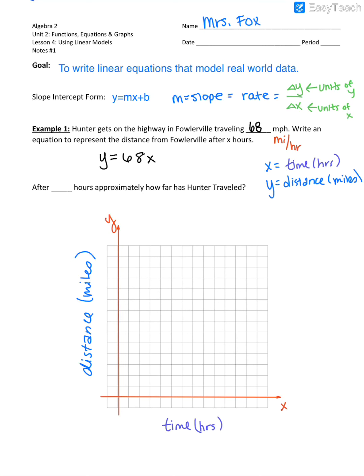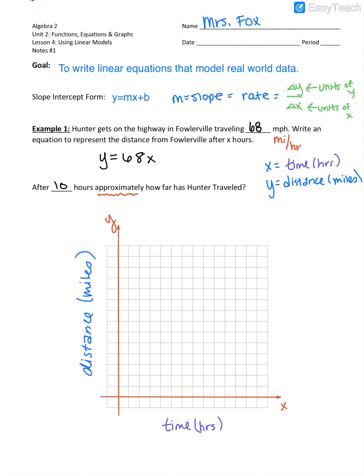Let's figure out how far Hunter will be after 10 hours. The reason it says approximately is that it is not asking you to randomly guess. There is room for human error. This equation is not going to always be 100% accurate.